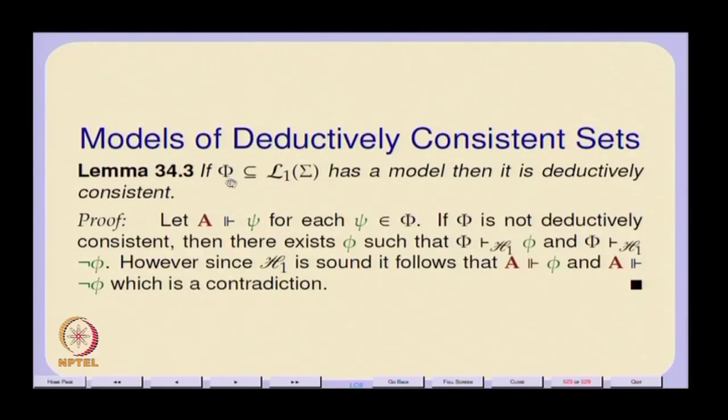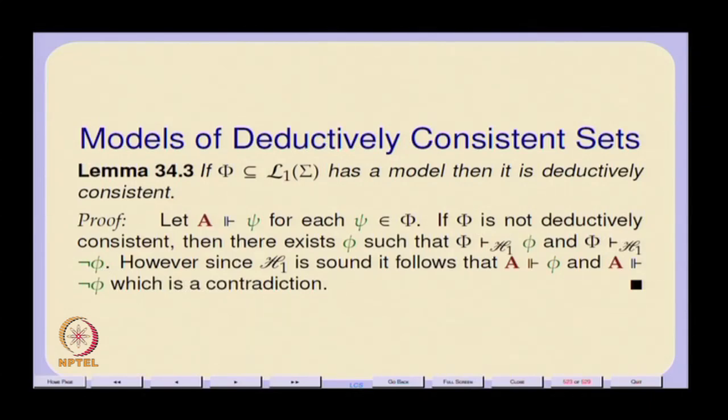This lemma has a very trivial proof, however. Supposing you take this set phi which has a model A, that means every formula in phi is true in A. If phi is not deductively consistent, then there exists some formula phi such that both phi and its negation are provable in the Hilbert system.